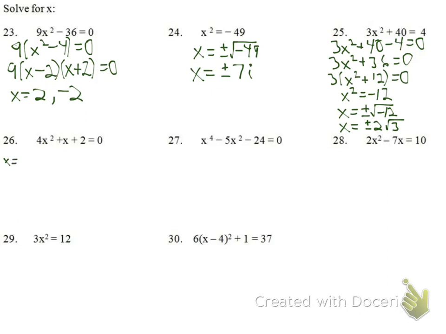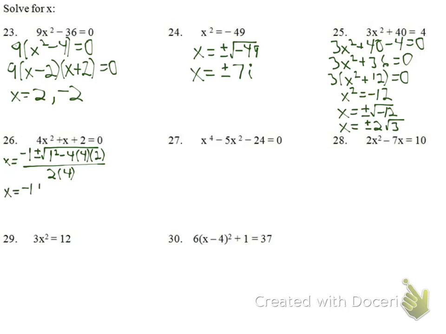So we would take negative 1 plus or minus the square root of 1 squared minus 4 times 4 times 2, over 2 times 4.